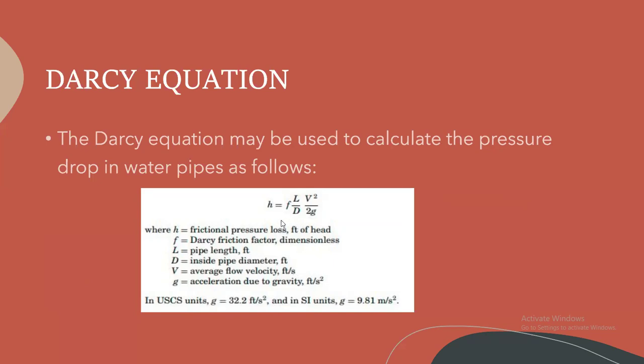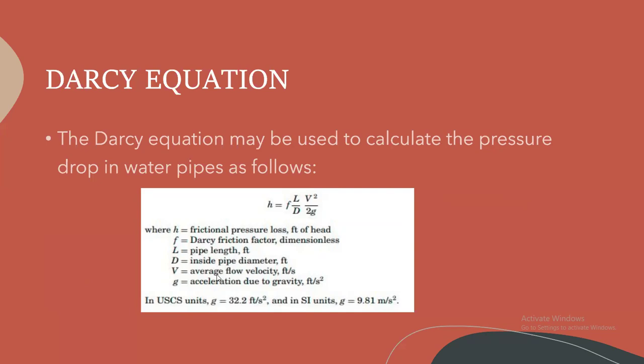So H, which is the frictional pressure loss in feet of head, is equal to F, which is the Darcy friction factor. It is dimensionless, which means it doesn't have any dimensions. It is unitless. L is the pipe length in feet. D is the inside pipe diameter in feet.